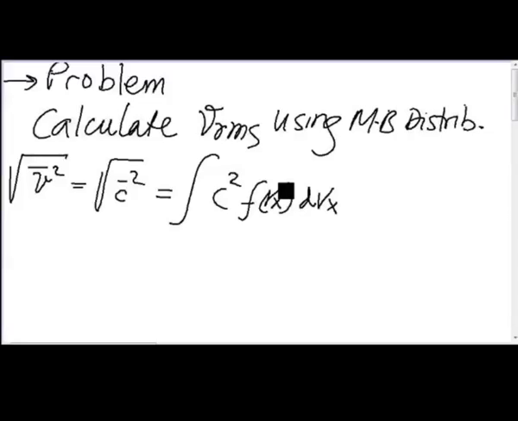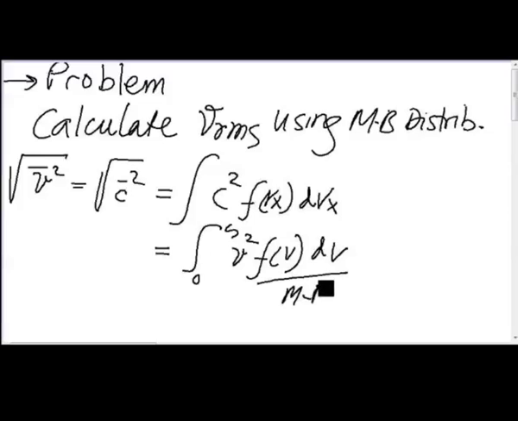Okay. So, sorry, we can rewrite again from here. f(v) can be written by this, and this is the MB distribution.